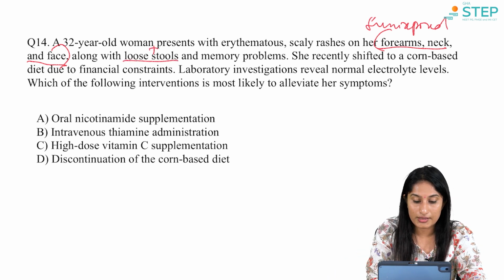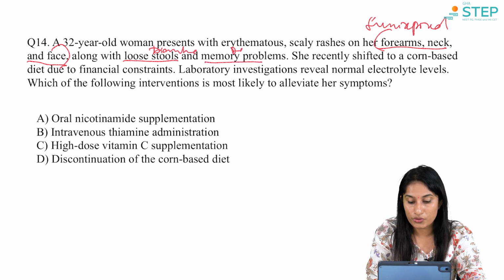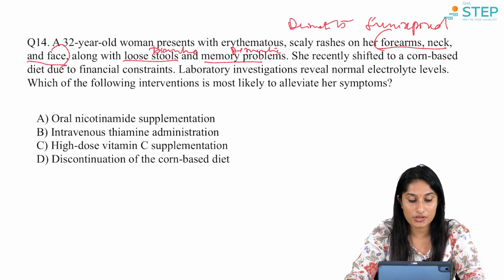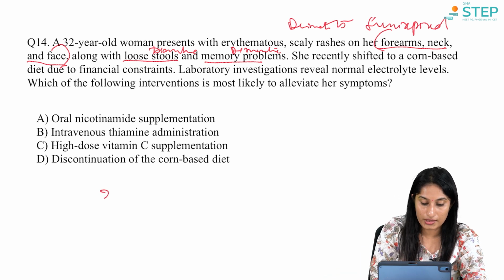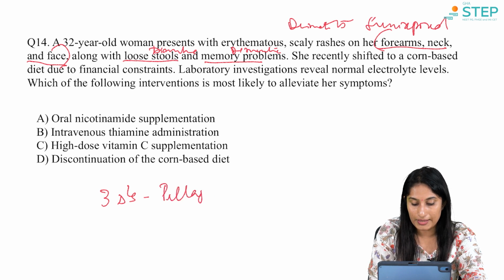I would write it as diarrhea, and memory problems, I would write as dementia. I would write dermatitis because of the skin rashes. So, we have 3 D's over here. We know the 3 D's is pellagra.